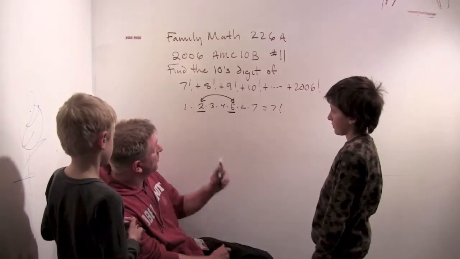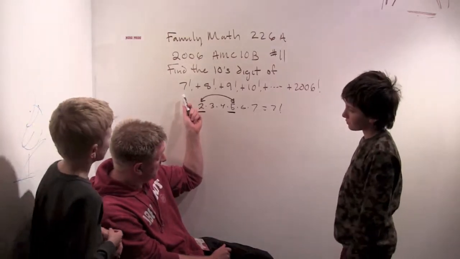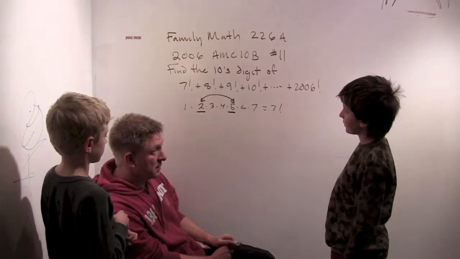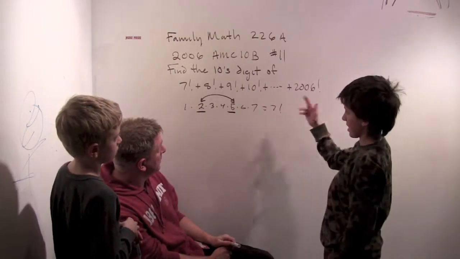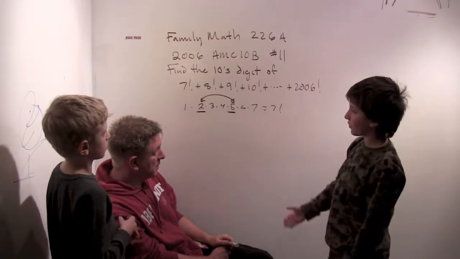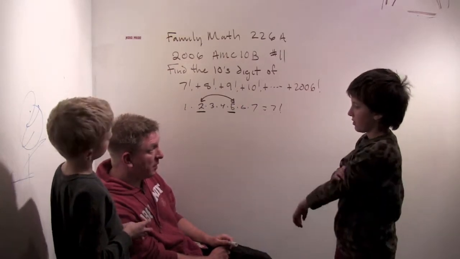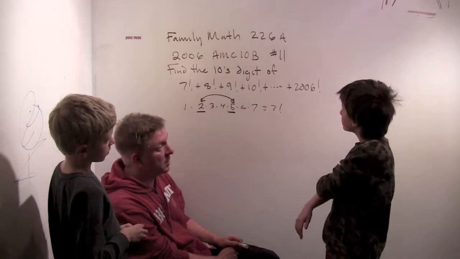Well, we've already figured out that the units digit is 0 on all of these. Yeah, but because you have a 10 and you're adding up a bunch of tens, it's going to carry over a few places.